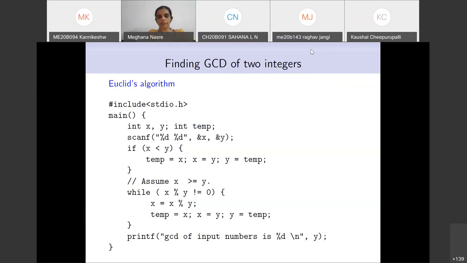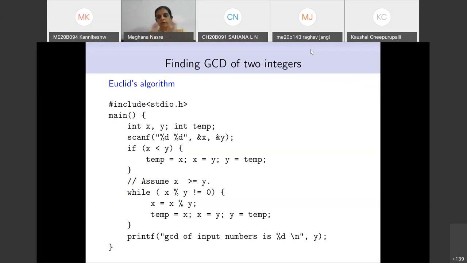So, okay, what you want it to be in this format where you have two numbers where you are just subtracting repeatedly from the other number, right? And you are also maintaining this invariant that x is greater than or equal to y. Is that clear, Kannikeshwar? I showed this in the last slides. Yes, ma'am. That is the execution, right?